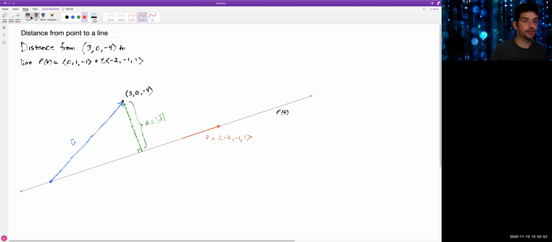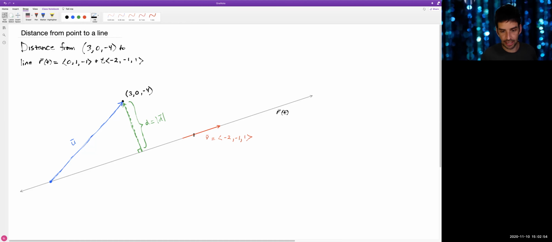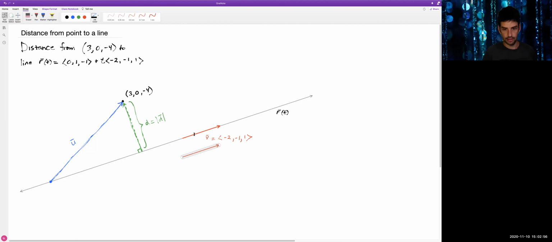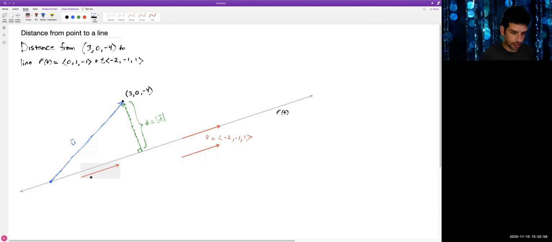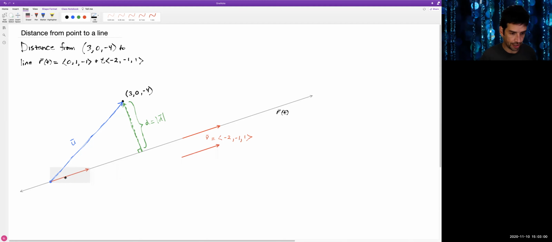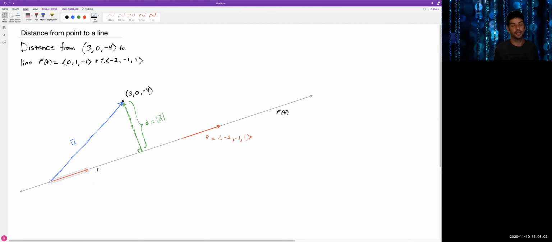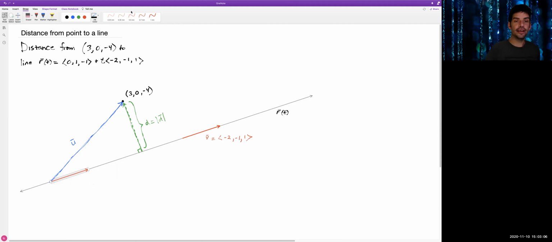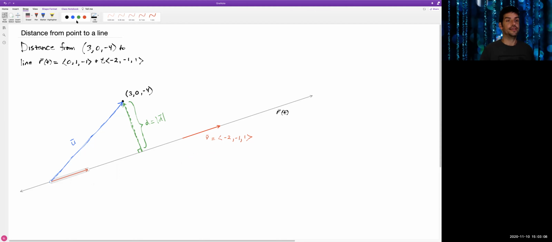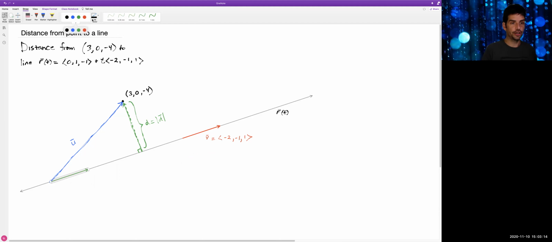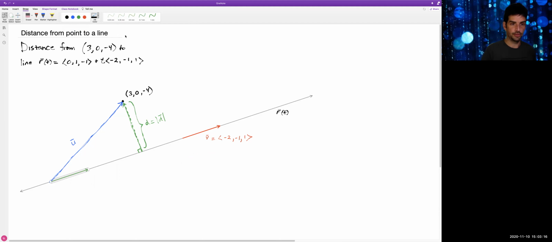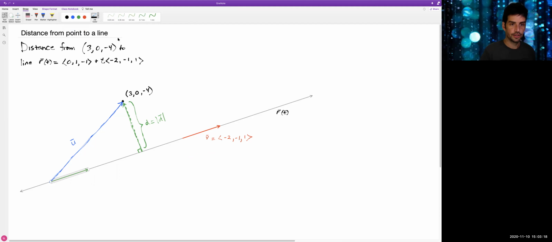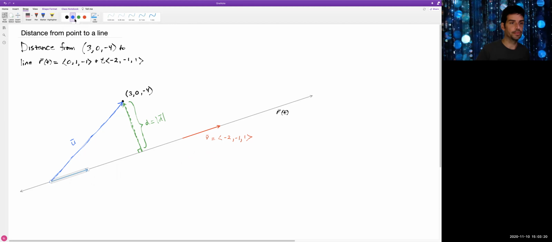I'm going to imagine taking that vector v, making a copy of it, and moving it over here. So one of the things we might remember is that with the dot product, we were able to work out a way so that we could grab another color. How about bright blue?